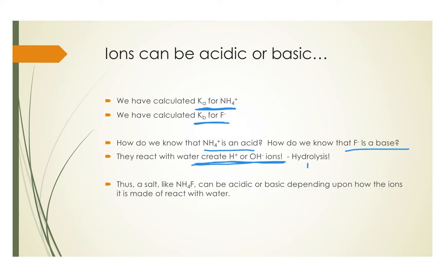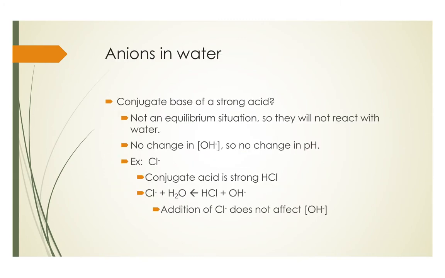All right, so we're going to break this down depending upon the kind of ion that we have. Okay, so let's start talking about anions in water. The very first thing we're always going to be looking at for all of these ions is what is its conjugate. The first situation we're going to explore is what happens if the anion is the conjugate base of a strong acid.